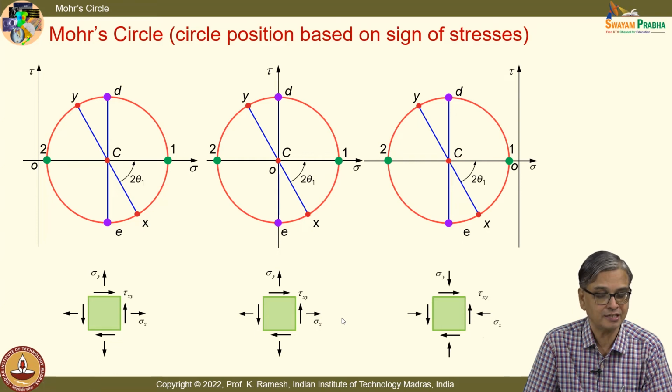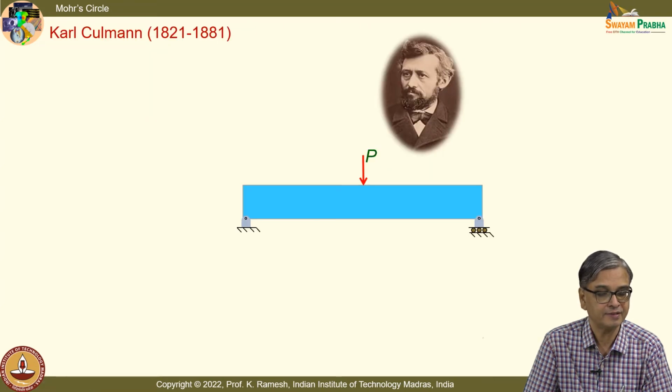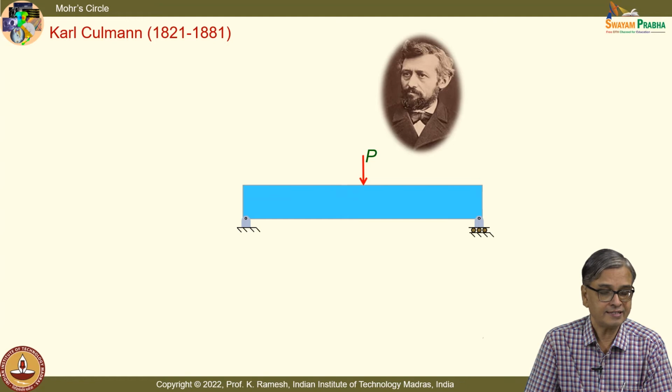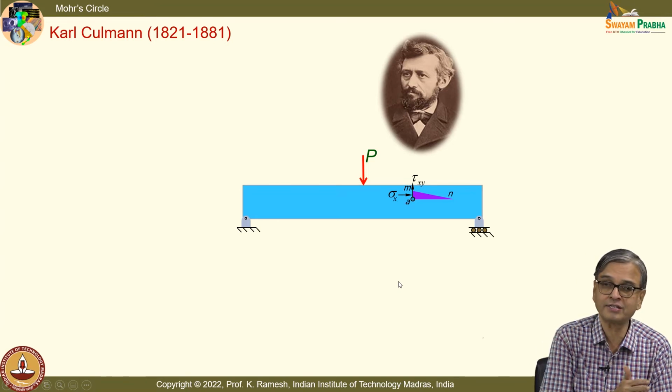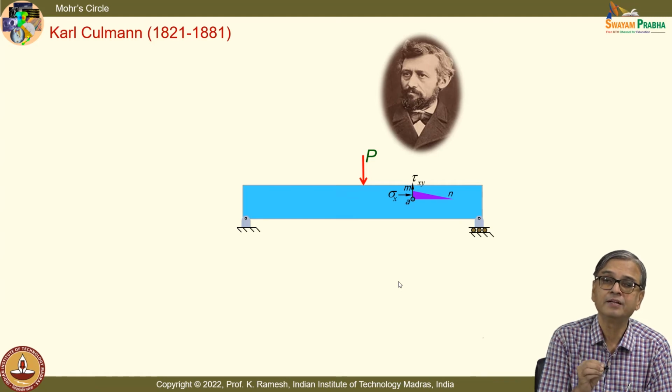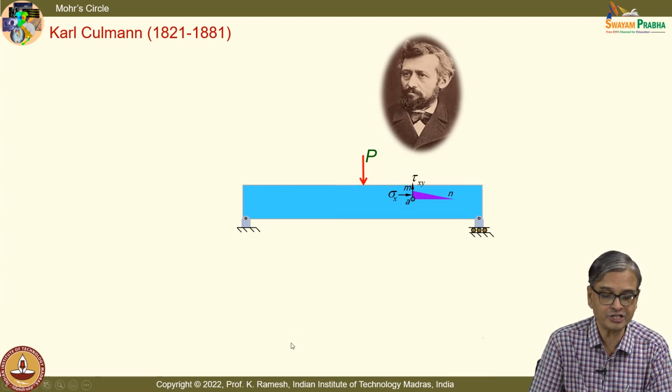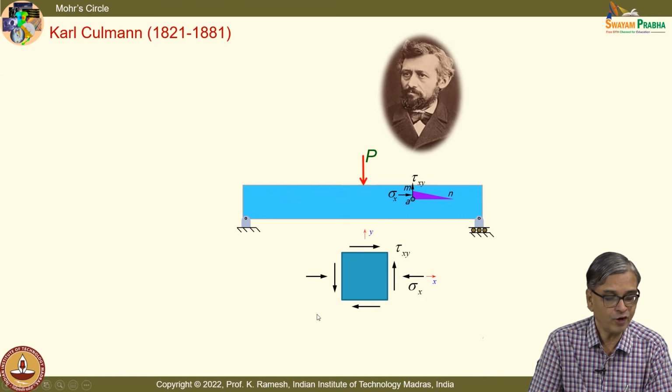And I said, people were very good at graphical methods earlier, and if you look at the history, it all got developed by Carl Culmann, and he plotted for the first time. He has not followed the procedure what we have done. Only for the problem of a beam, when it has both normal and shear stress, he followed a procedure like this.